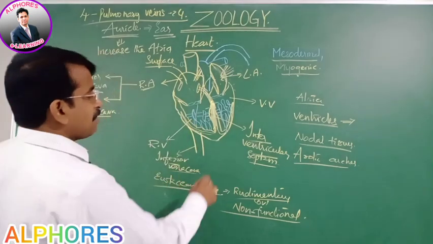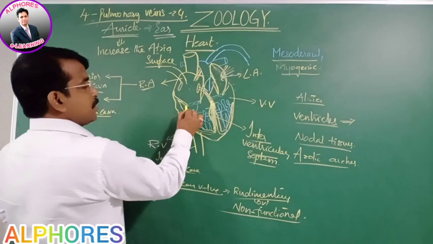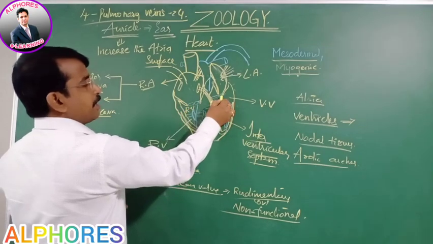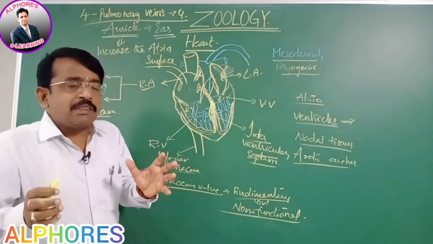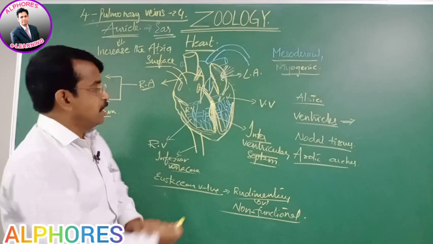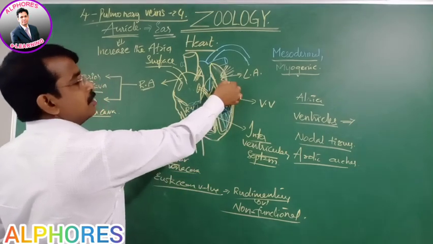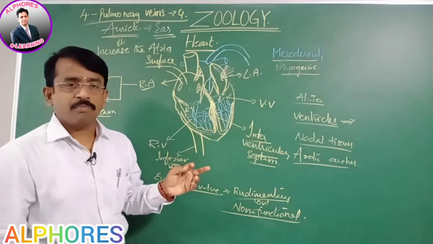Next, the interventricular septum separates the ventricles into the right ventricle as well as the left ventricle. In fact, the left ventricle is longer than the right ventricle, narrower and longer. That's the reason why it is somewhat protruded anteriorly when compared with the right ventricle.